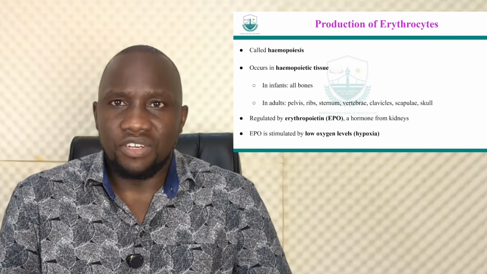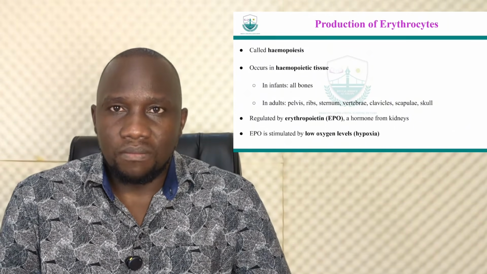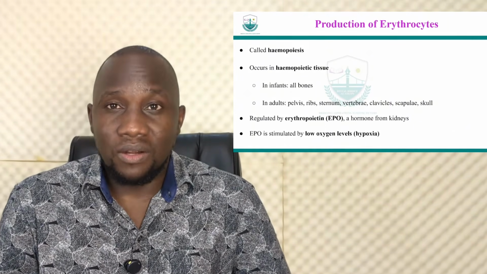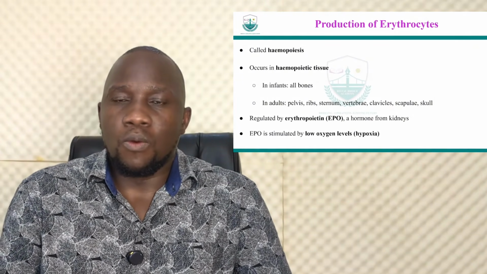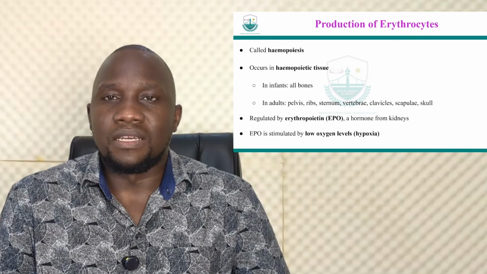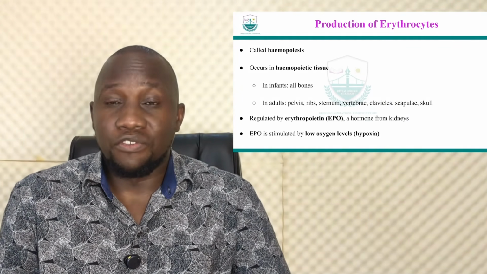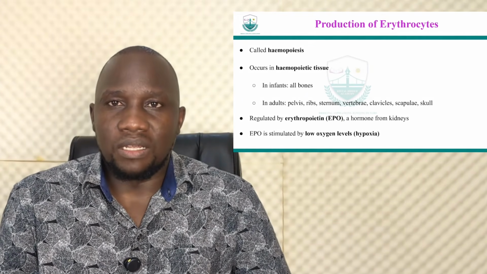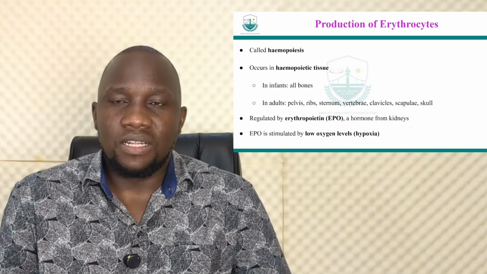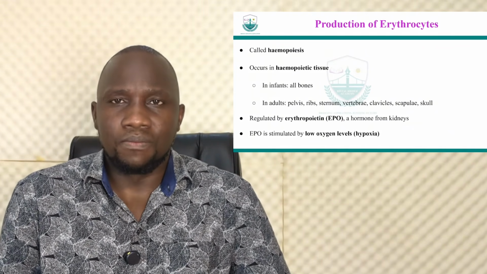Okay, so we have different bones that actually make these red blood cells. Remember we're saying that the bone marrow is where we get these red blood cells. And we have specific bones in adults that produce these red blood cells, but for infants, all bones can make red blood cells.